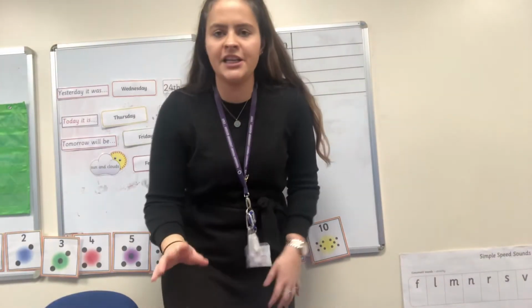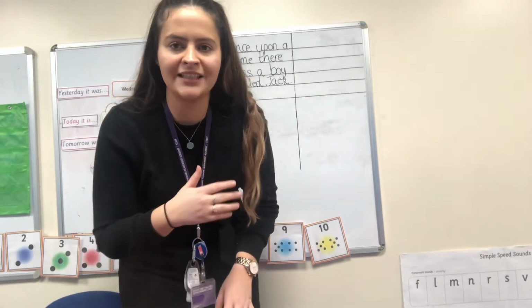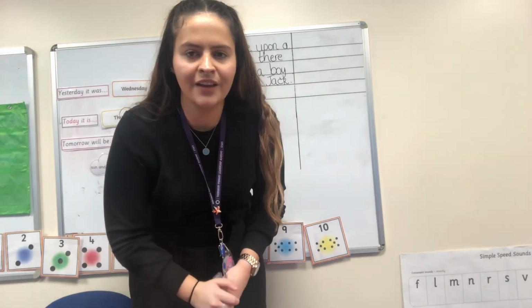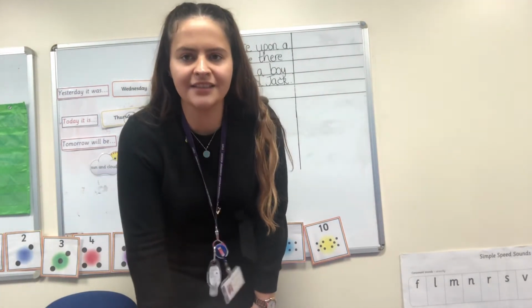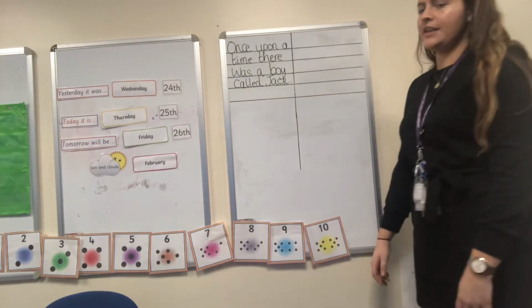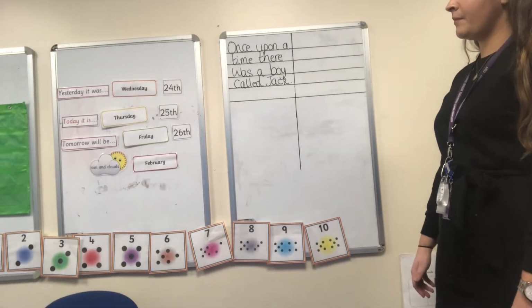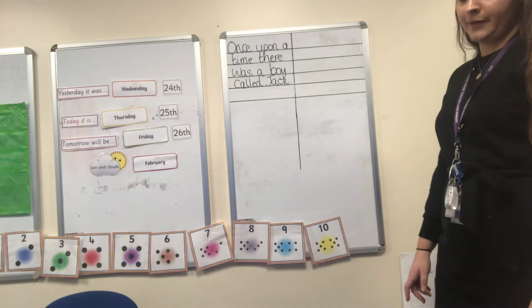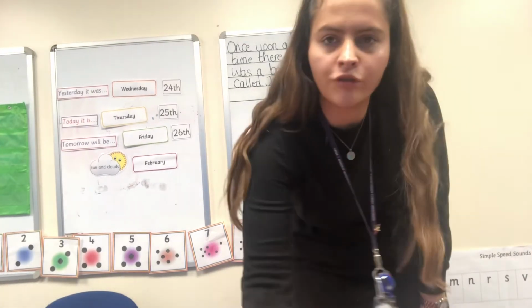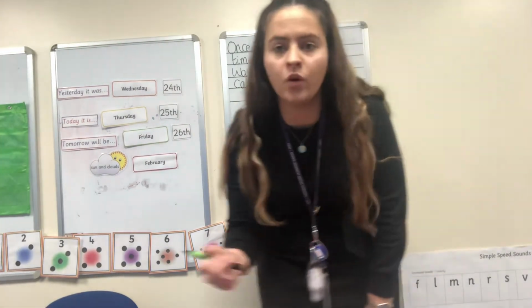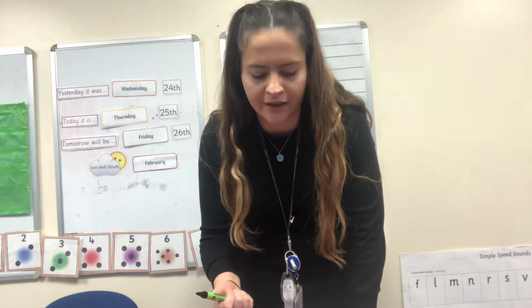So pause the video now if you need to and have a go at writing that sentence, okay? I'll just move so you can see it one more time. Brilliant, well done. You could get your grown-ups to write the long words. So our story words that you don't know how to spell, you can get your grown-up to help you write those, okay?